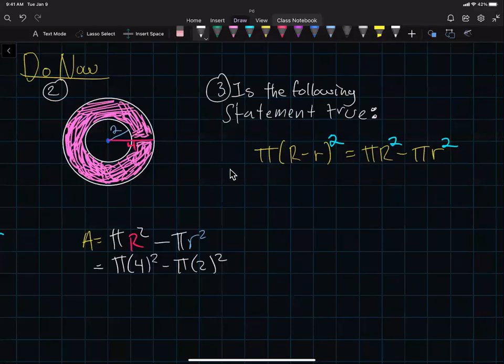So now I want to ask you the following. Is the following statement true? Is pi times parentheses capital R minus lowercase r squared the same as this? Tell me yes or no. Are they equivalent?